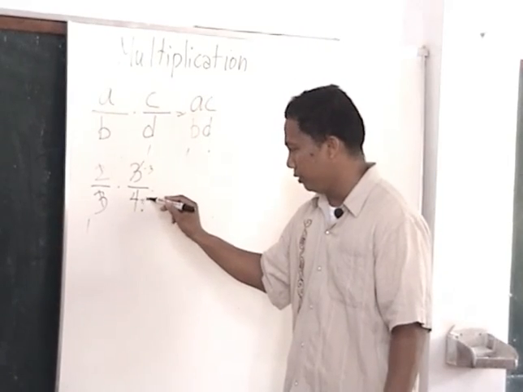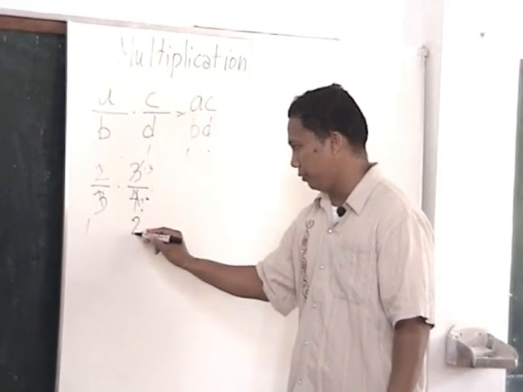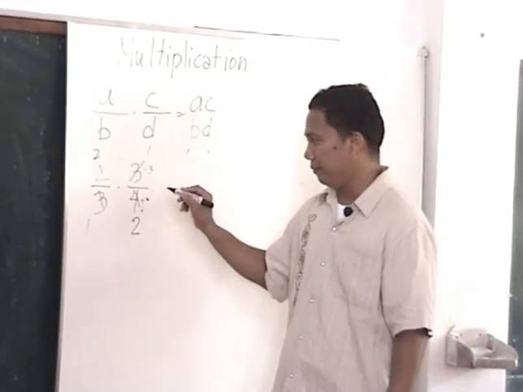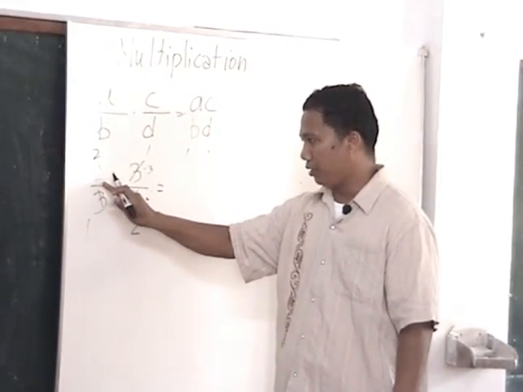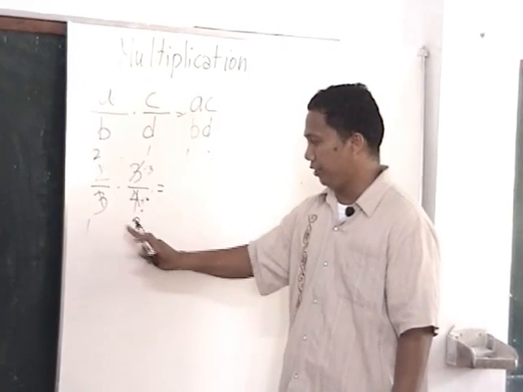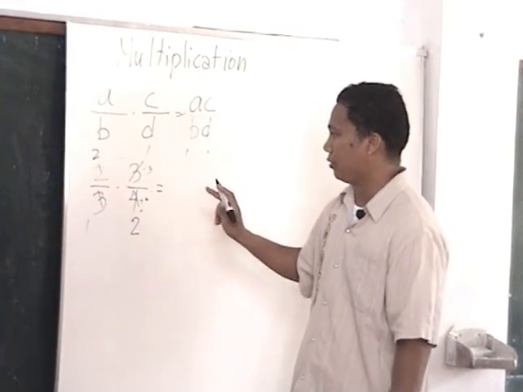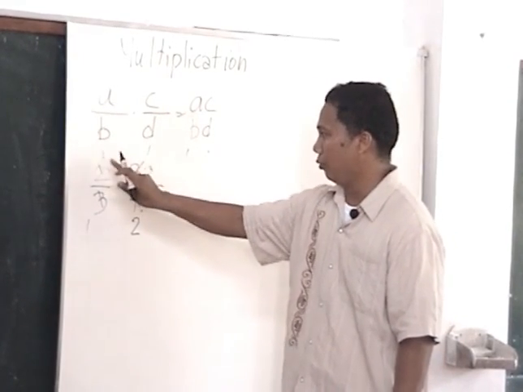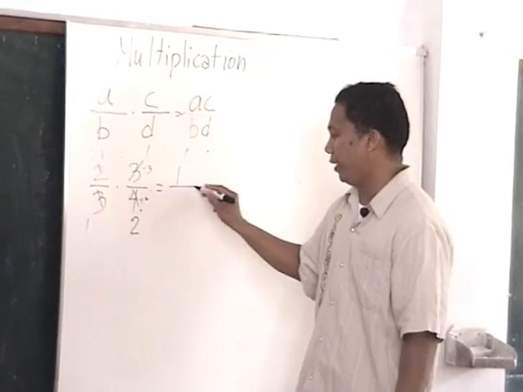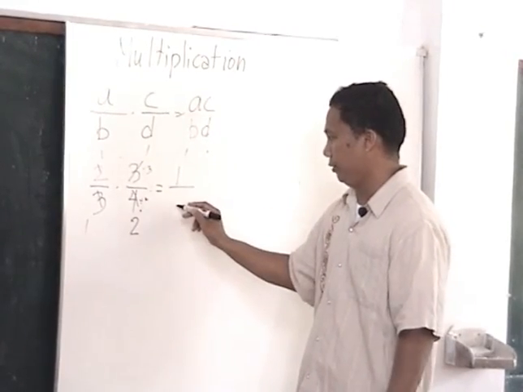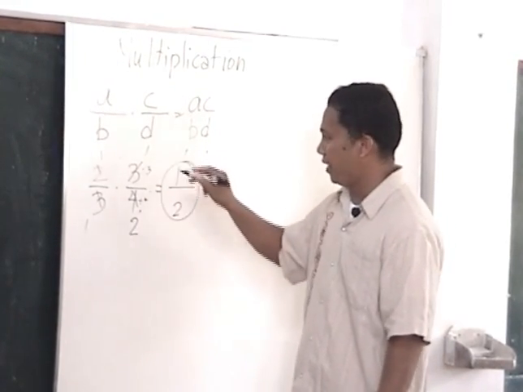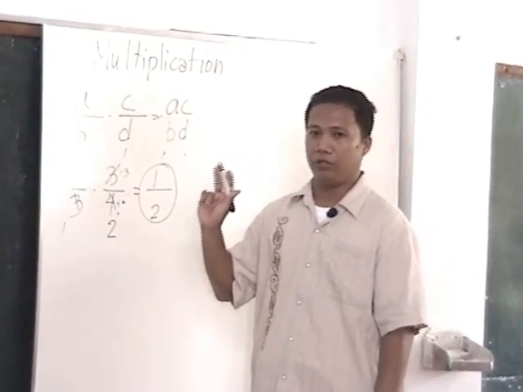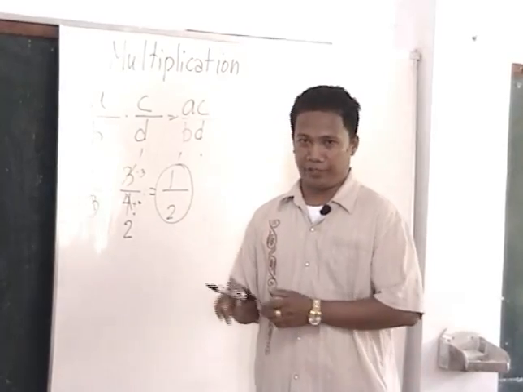So divide this by 2. It will be cancelled out. You have 1 here and 2 here. Then, since they are already prime, you multiply numerator by numerator, denominator to denominator. So 1 times 1 is equal to 1 over 1 times 2 is equal to 2. And that is the basic process in multiplication of rational expressions.